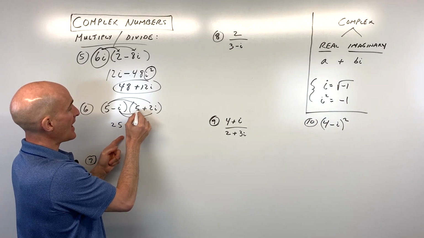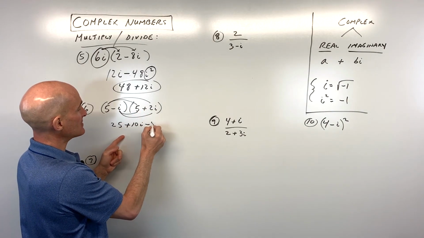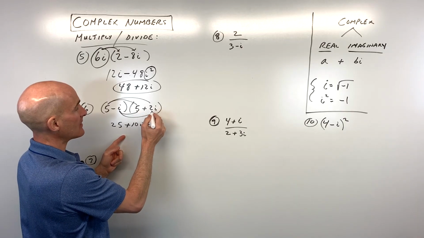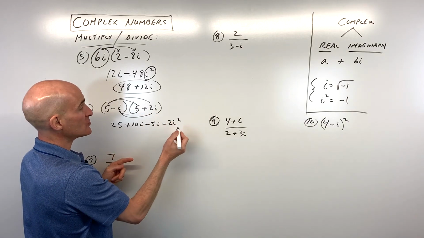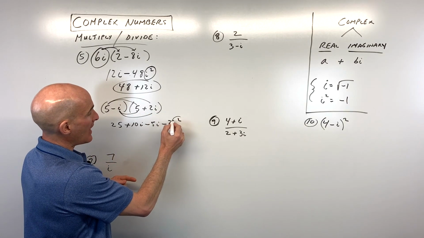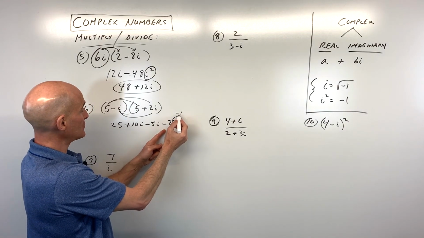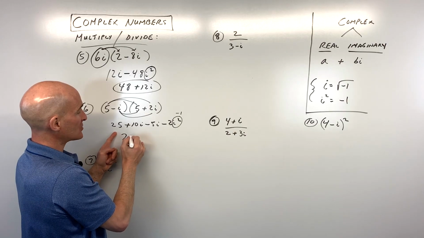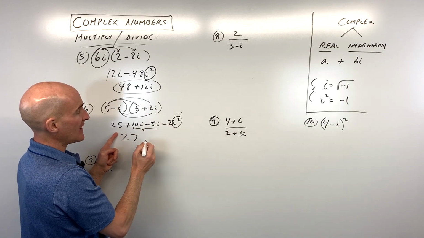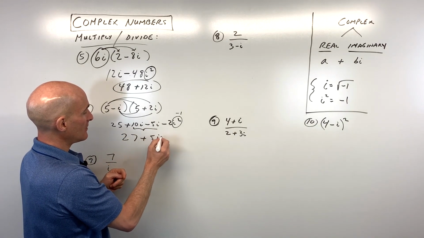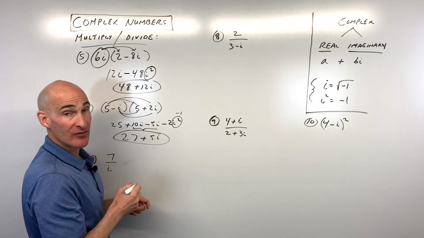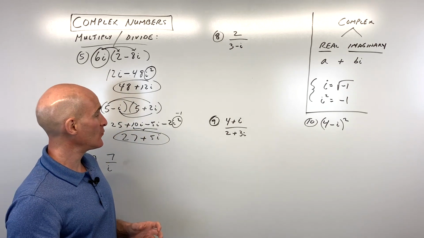Then if we take the negative i and distribute, negative i times 5 is negative 5i, and negative i times positive 2i is negative 2i squared. Now remember, i squared is negative 1, so negative 2 times negative 1 is positive 2, plus the 25, that's 27, and then the 10i minus 5i is a positive 5i, and you've got it. So just remember, i squared is negative 1.